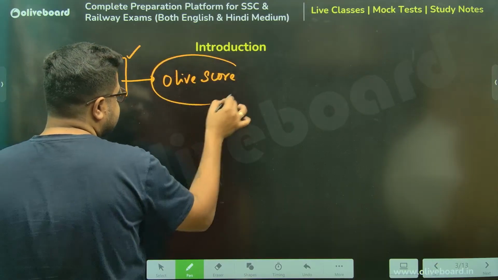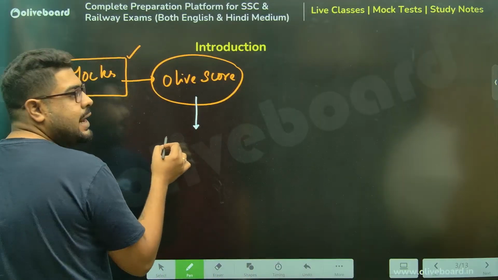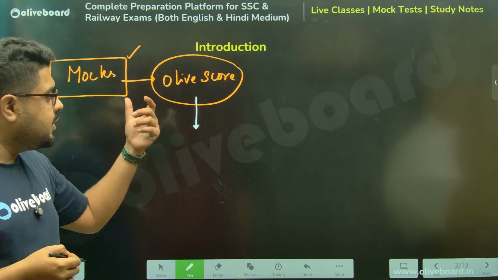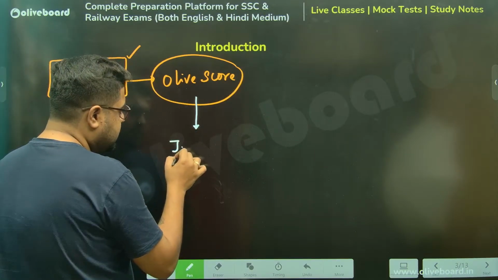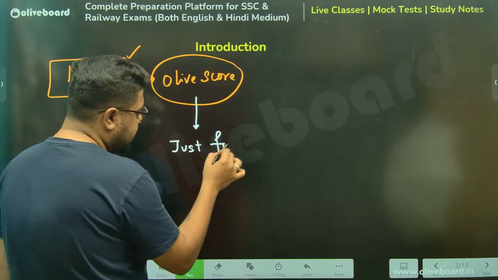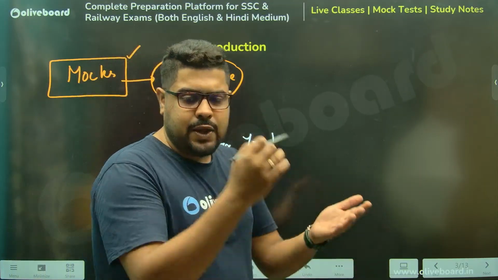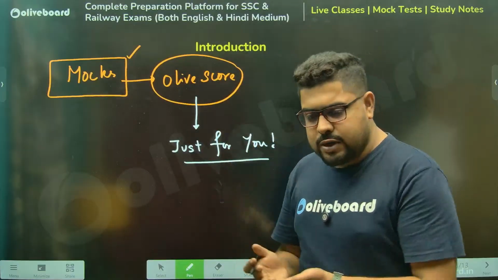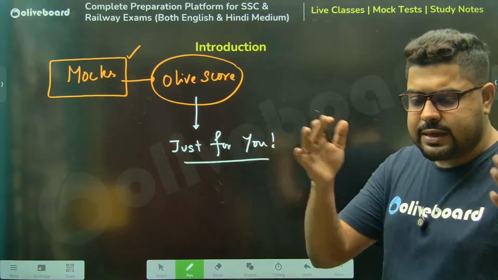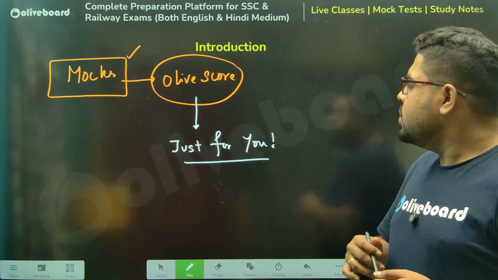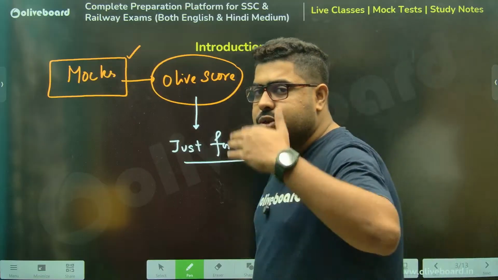Essentially, this is your AI powered analytics, where you'll get a score curated just for you. This score tells you where you are strong, where you need to work a little bit more, and where you are average, neither strong nor very weak. So this will give you where you stand and how much you are improving.